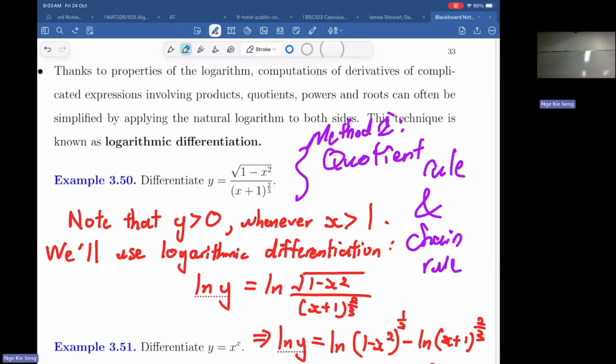But I put x is greater than 1. If x is greater than 1, then x squared would be greater than 1, and 1 minus something greater than 1 should be negative. So something's wrong here.